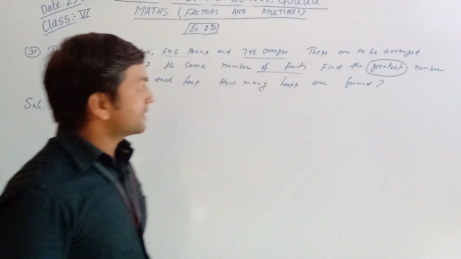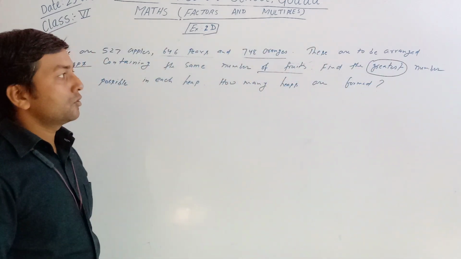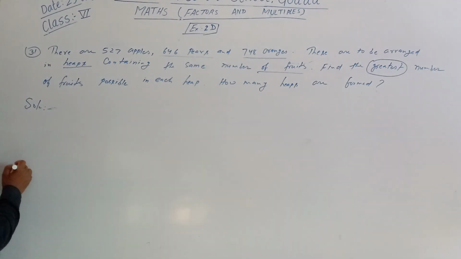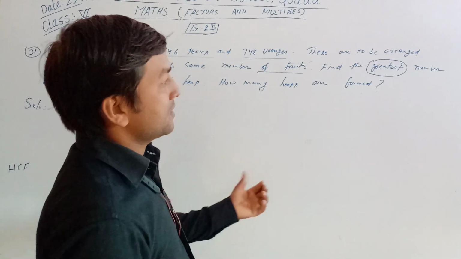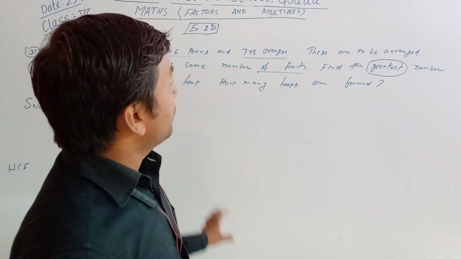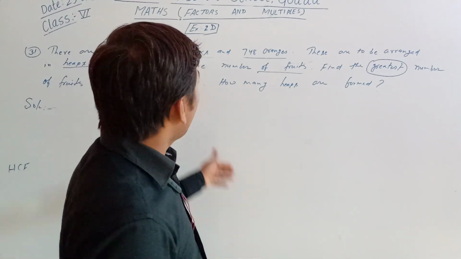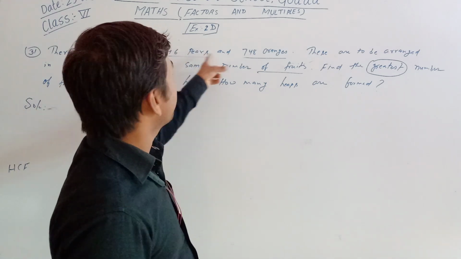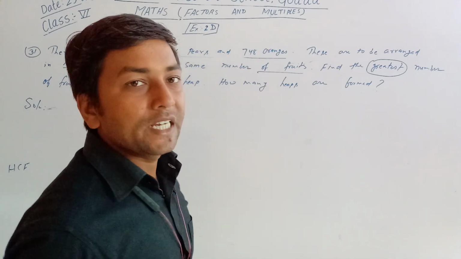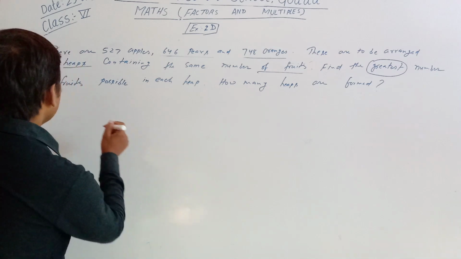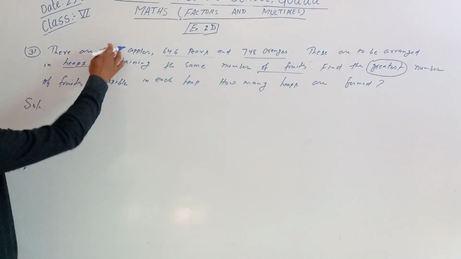It says greatest. You know the full form of HCF, highest common factor. It means highest means greatest. If you find the HCF of these three numbers, then you can get the answer. So we start the solution.